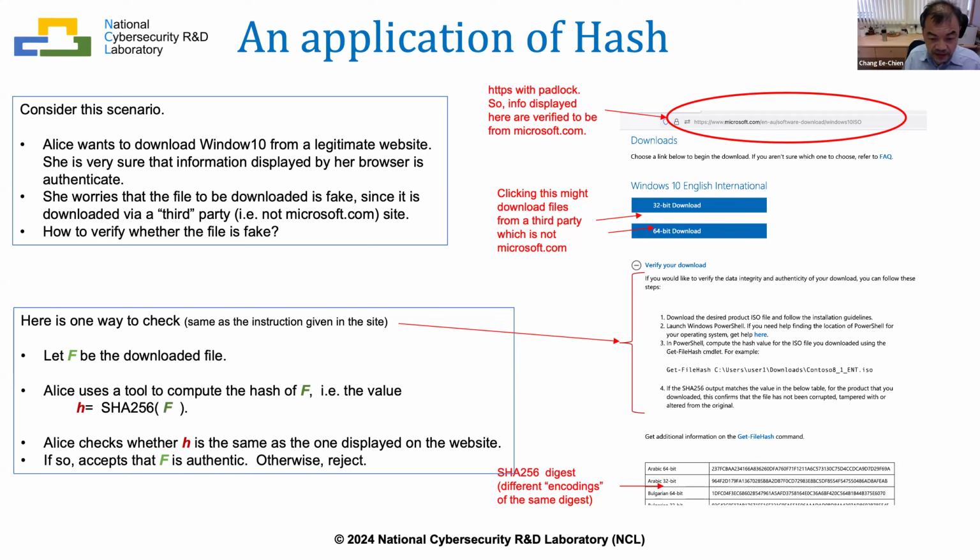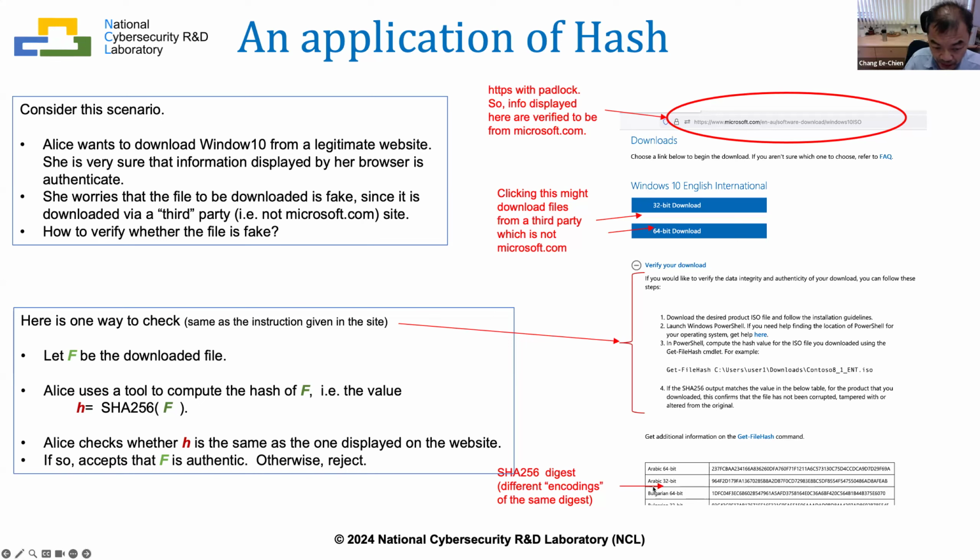Next, visually confirm whether this computed hash provided by the tool is the same as the one displayed in the website over here. This website displays the SHA-256 digest of the downloaded file. The downloaded file has many different versions, for example Arabic, English, Chinese. So look at this one.